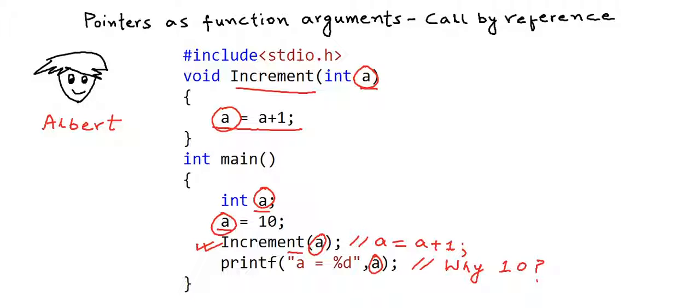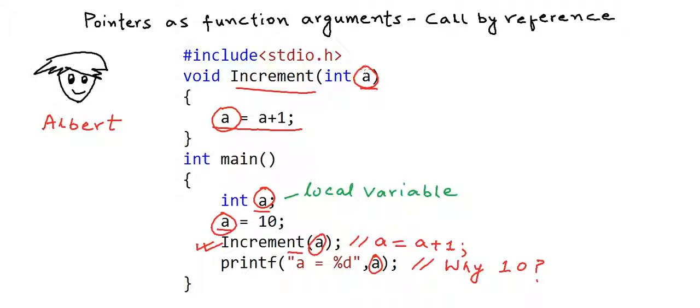Now what Albert does not understand well, or what he probably forgot, is that whenever we declare a variable inside a function, then we call that variable a local variable, because as such, just using the variable name, we can access that variable only inside the same function in which we have declared the variable.